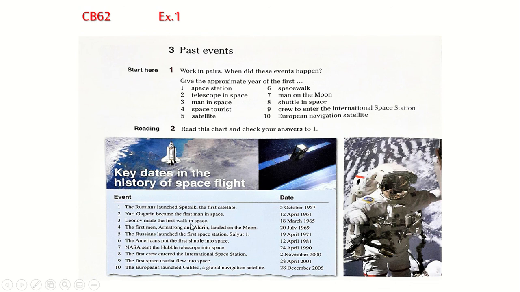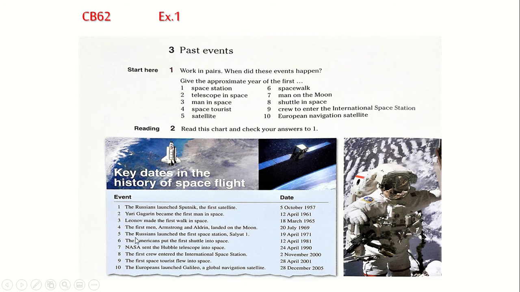Leonov made the first walk in space. 1965. So this goes to number 6, 1965. Number 4, the first men, Armstrong and Aldrin, landed on the moon, and this was in 1969. So this should go to number 7.